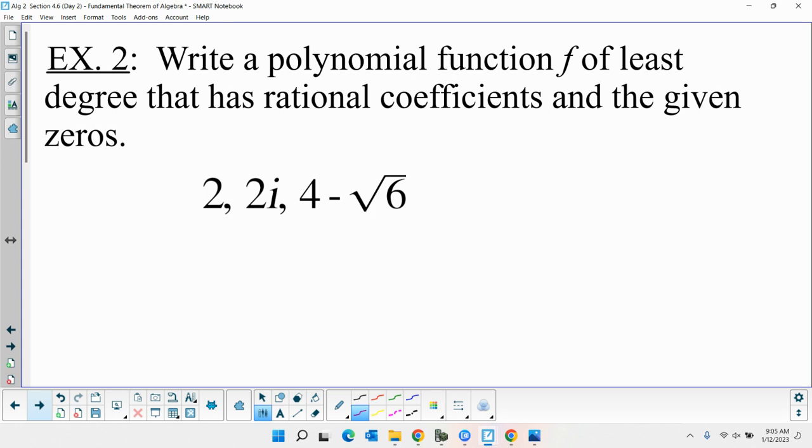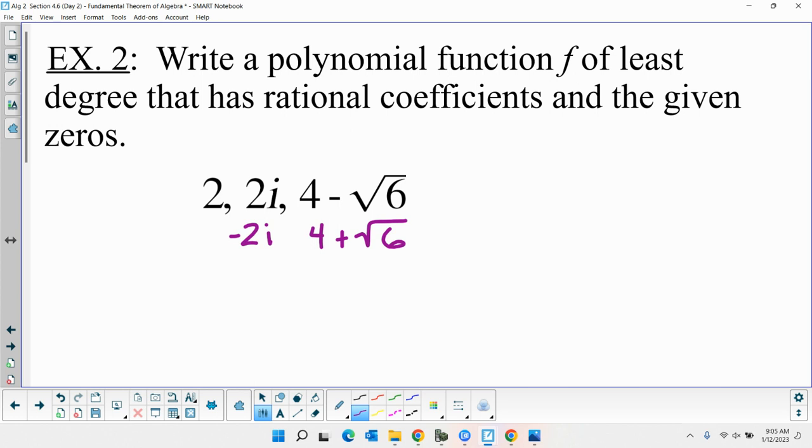So if there's a positive 2i, there's also a negative 2i. If there's a 4 minus the square root of 6, there's also a 4 plus the square root of 6. So this has actually got 5 zeros, even though they only gave you 3. The complex ones or the non-real ones have a pair with it.